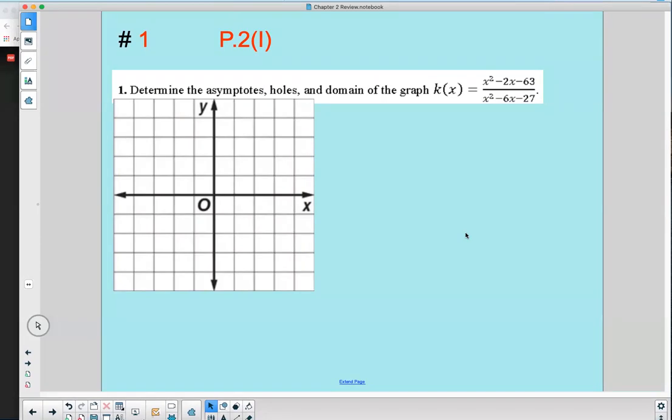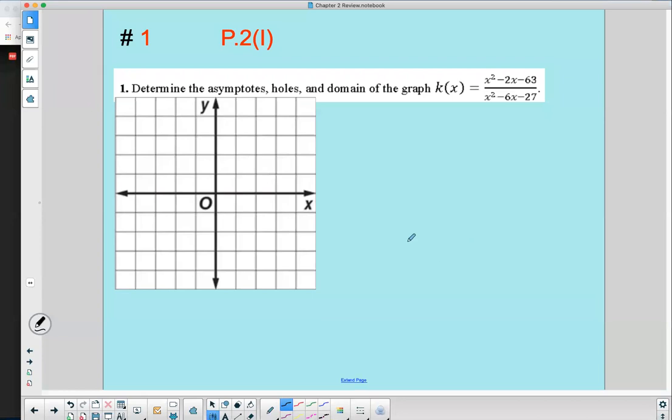It says first, determine the asymptotes, holes, and domain for this graph of k of x. The first thing, I'm going to ask you, what would you do first if you got this problem on the test?